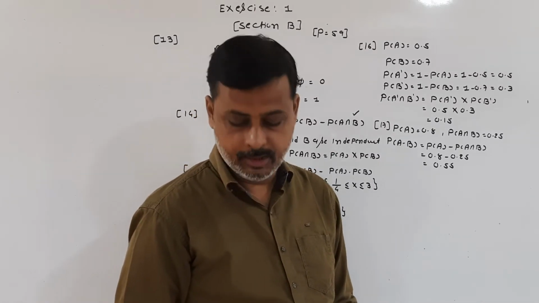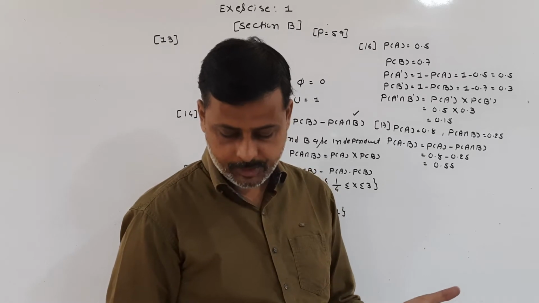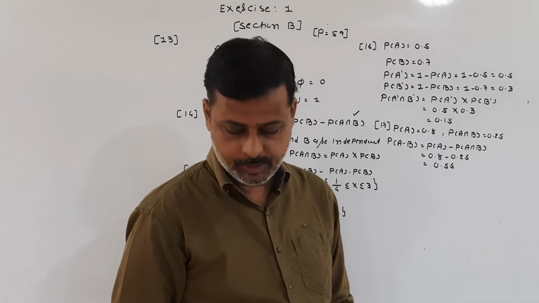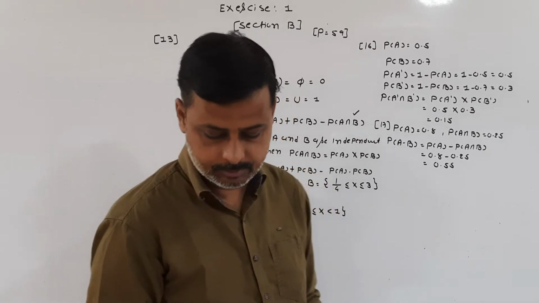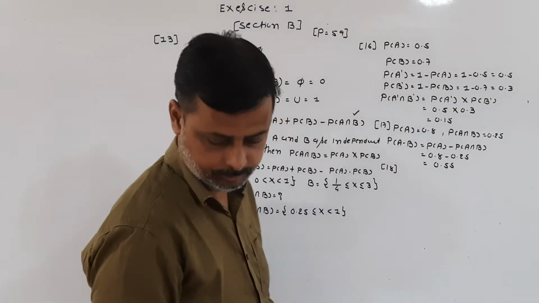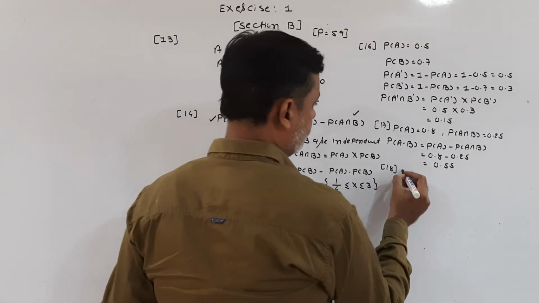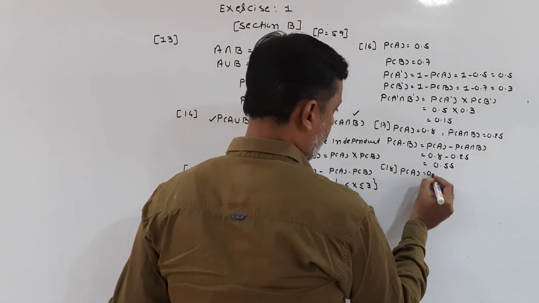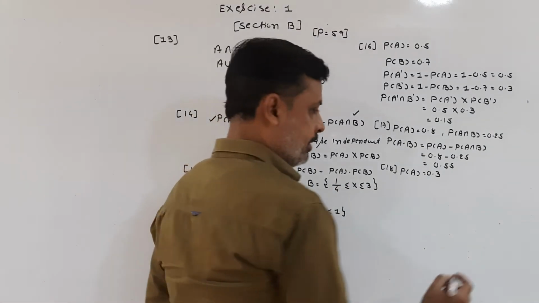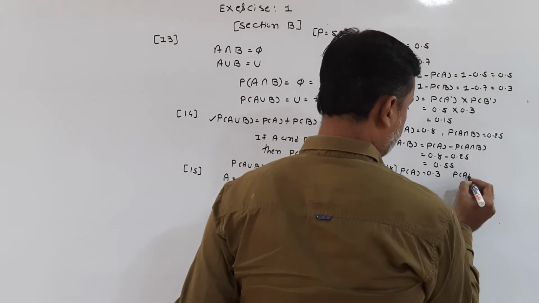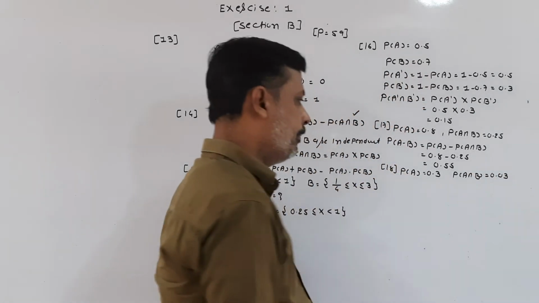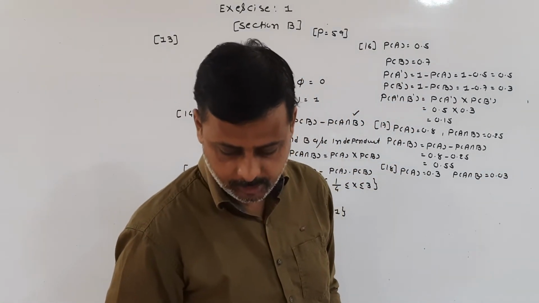Next example 18. P of A is 0.3, P of A intersection B is 0.03. We have to find B upon A. So example number 18. P of A is 0.3, P of A intersection B is 0.03.